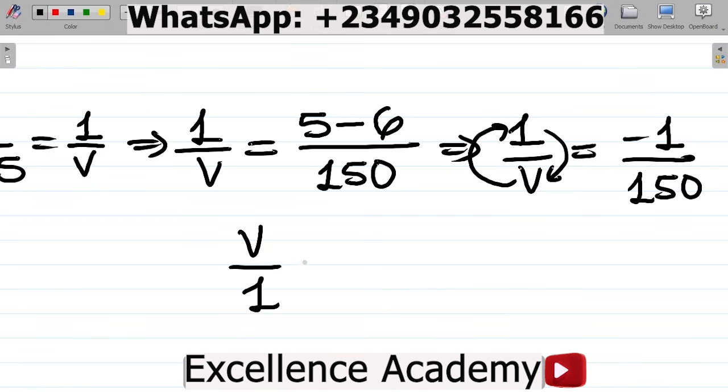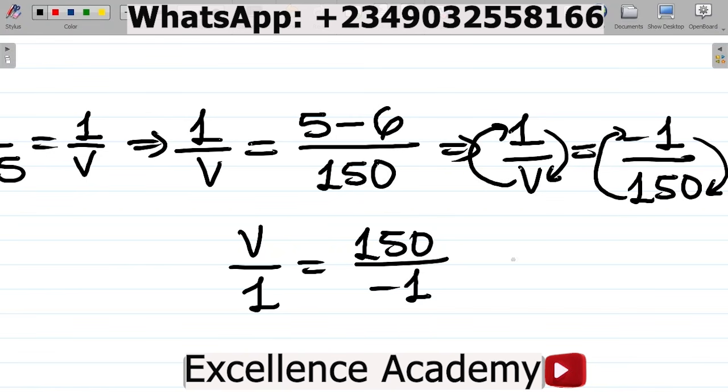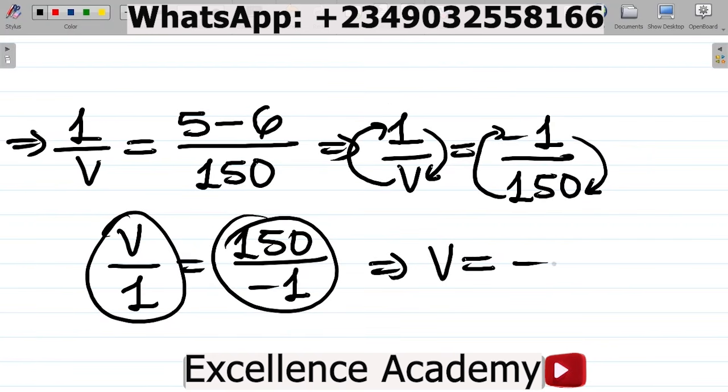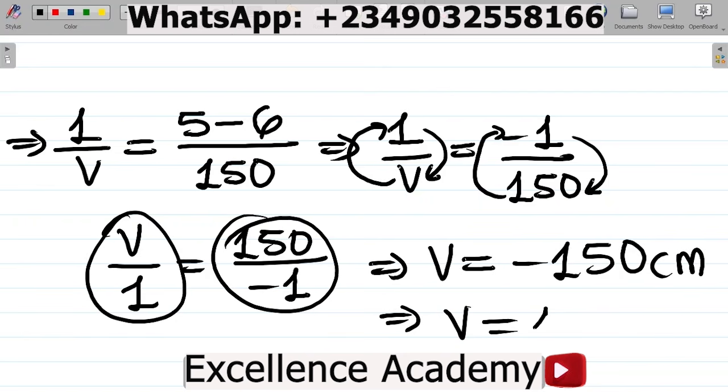So v over 1 is equal to, take 150 up, take minus 1 down. It becomes 150 all over minus 1. This would give you v over 1 gives you v is equal to 150 divided by minus 1 gives you minus 150. So basically you have that v is equal to minus 150 in centimeters. The actual value of v would be equal to 150 in cm.